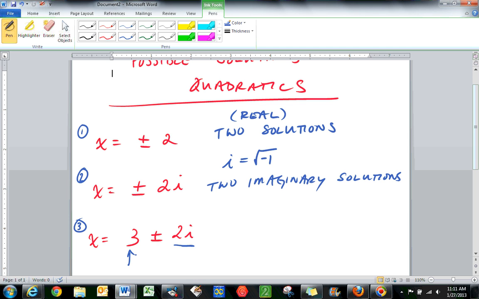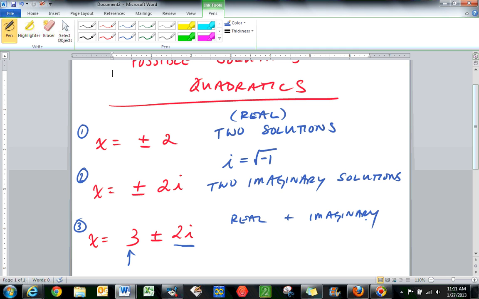So we have to leave our answer in this form of 3 plus or minus 2i. So we have two solutions because of plus or minus, but we have a real part plus an imaginary part. And we need to discuss how this fits in the grand scheme of things as far as the way we deal with different numbers.